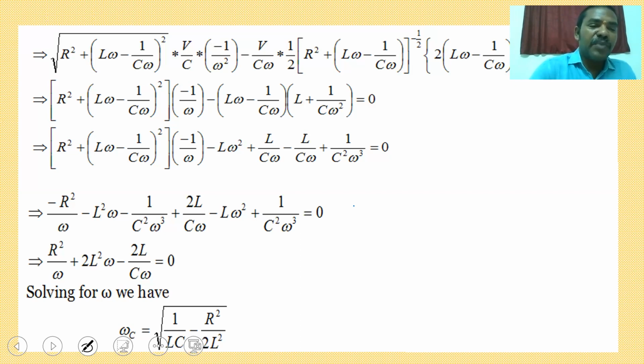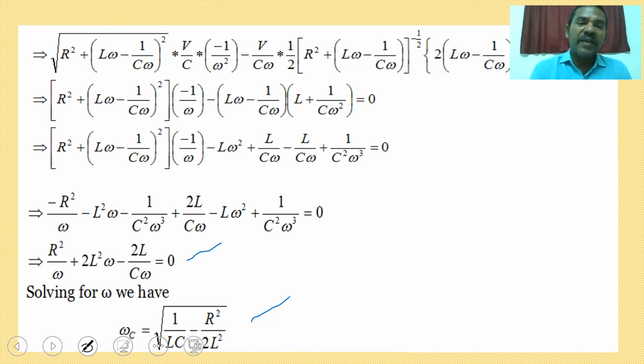So further simplification, we are getting R square by omega plus 2L square omega minus 2LC omega is equal to 0. So finally omega C is equal to root of 1 by LC minus R square by 2L square you are getting. So these are the 4 important derivations with respect to variation of reactance, either inductance or capacitance, with respect to frequency variation of inductance, frequency variation of capacitance.